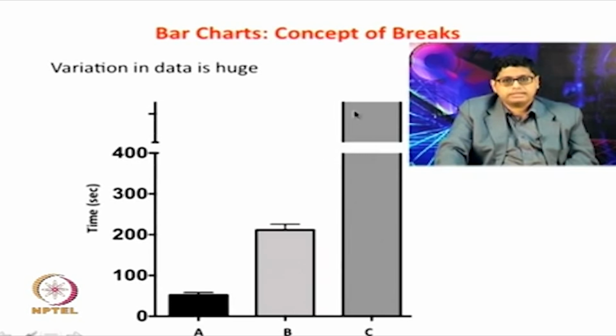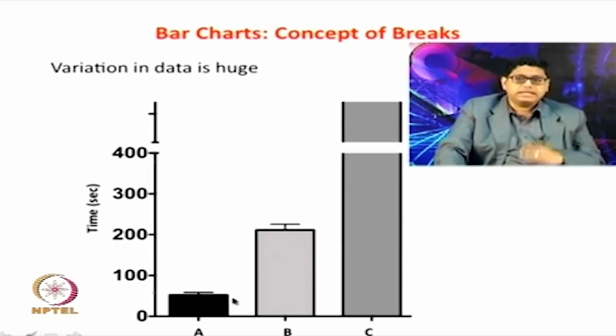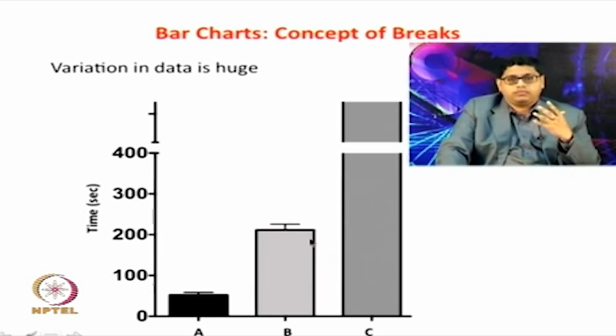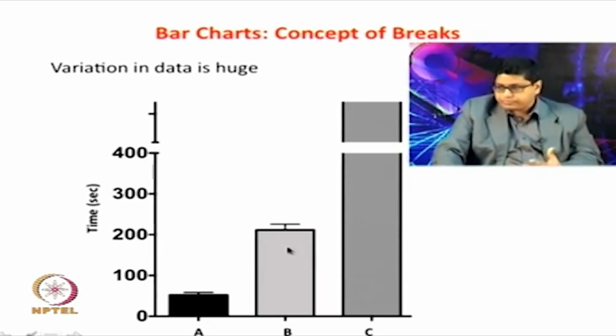So, let us say this guy is 800. So, you can introduce a break at 400 and then plot again. So, everything still fits into the same plot, but the essential part of the information is there for you to gather, that this is way smaller than this is also part of the information, and this is way smaller than this is also part of the information, and you want to capture both these things in the same plot.